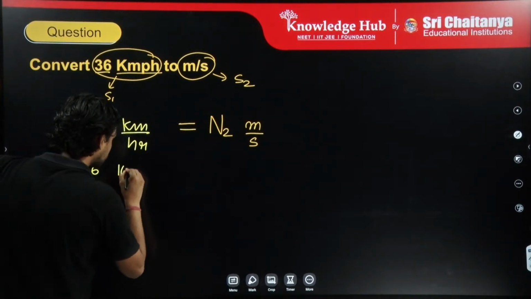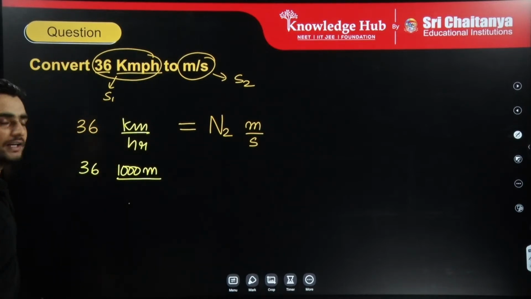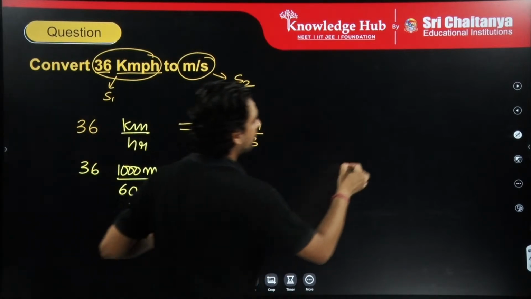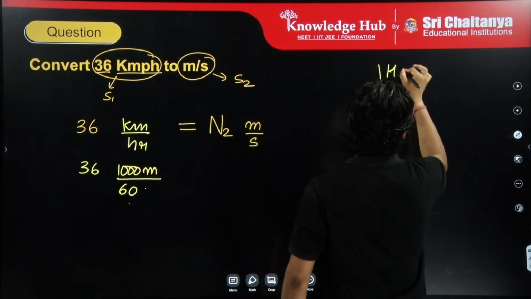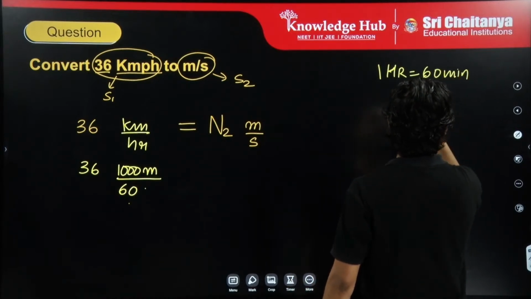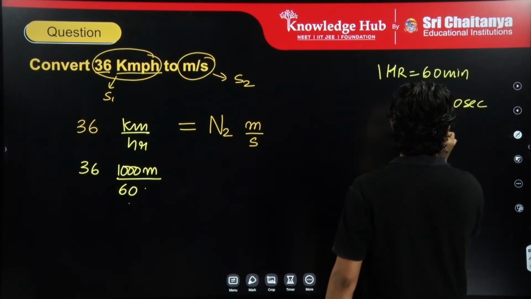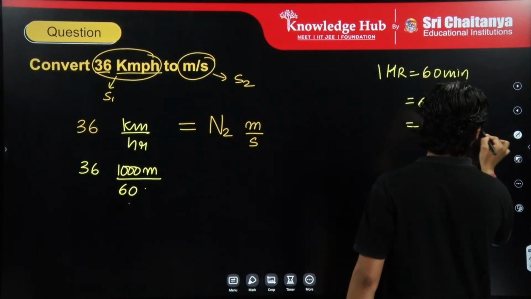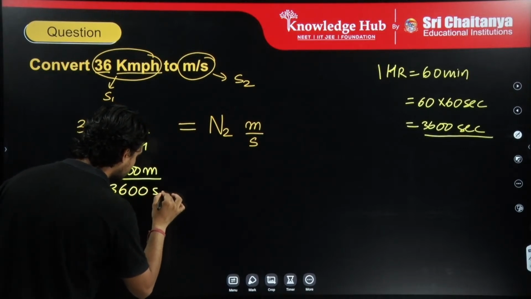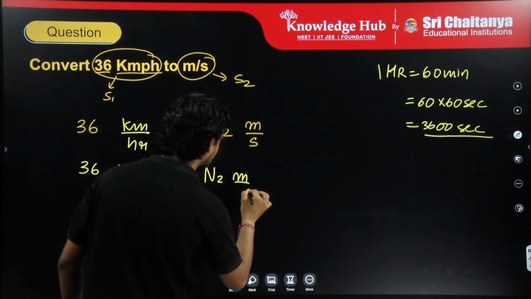I can write kilometer as 1000 meters, and hour: 1 hour is basically 60 minutes, and 1 minute is equal to 60 seconds. So this is basically 3600 seconds. Correct? So 1 hour is equal to 3600 seconds. And this is basically my n2 into meters per second.